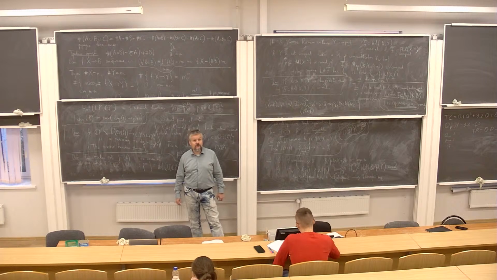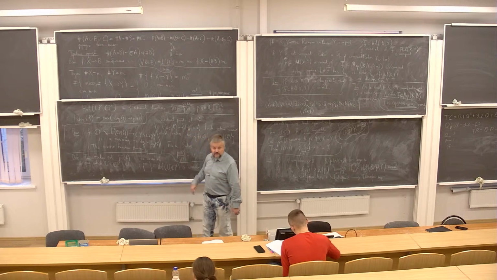Normality is a local notion. So if it's normal on all open subsets, it's also normal on their union. Therefore, the Fatou set is the largest open set on which the family of iterates is normal. Okay? And by definition, it's always open.